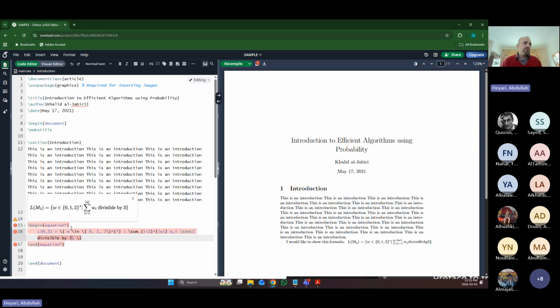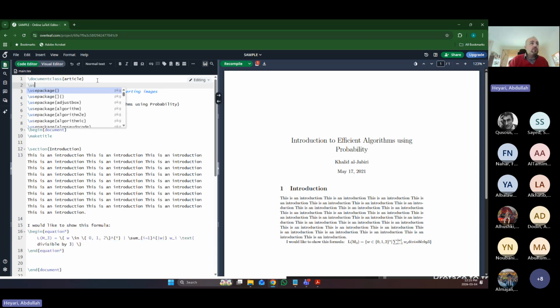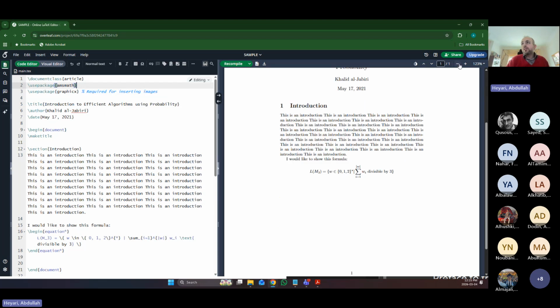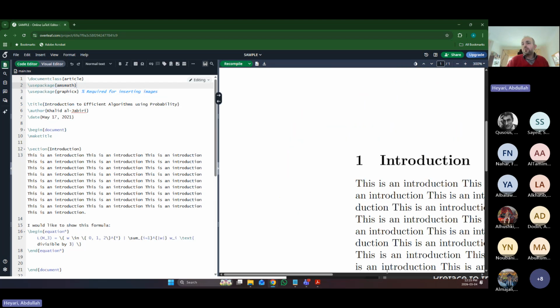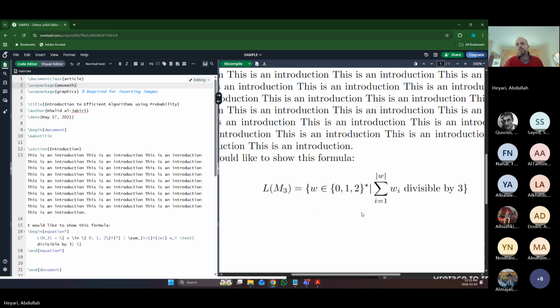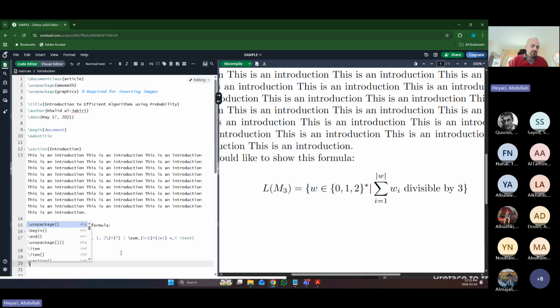If you run it, just look to the right. We've got some errors because maybe I didn't include the package. Use package amsmath. Yes. Now you can see that this is how the equation would look. Of course, if you want to write some integrals, you can write something like that.